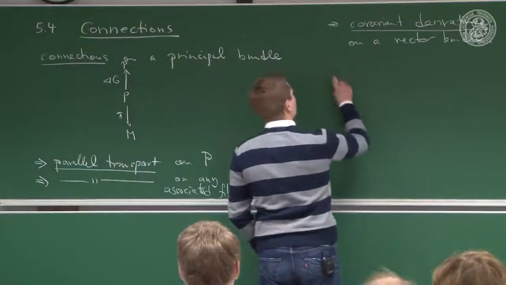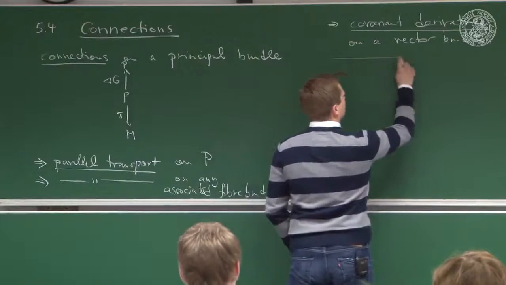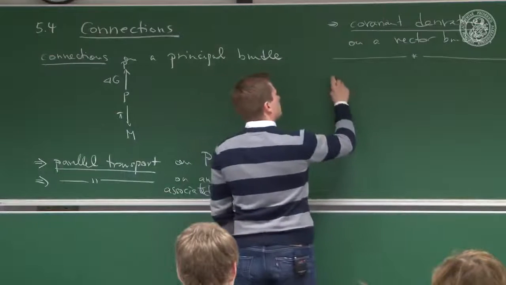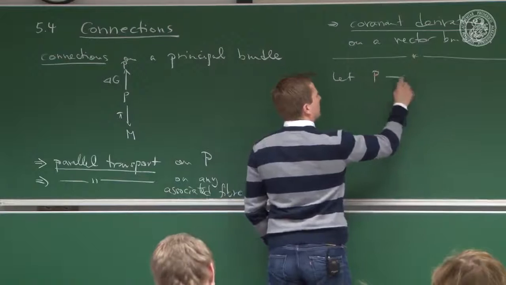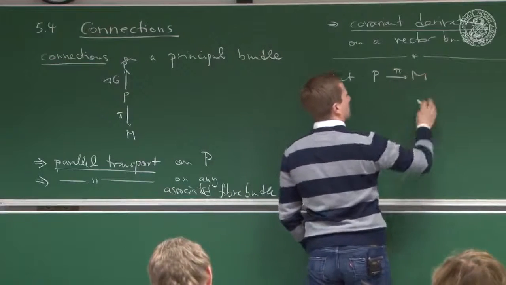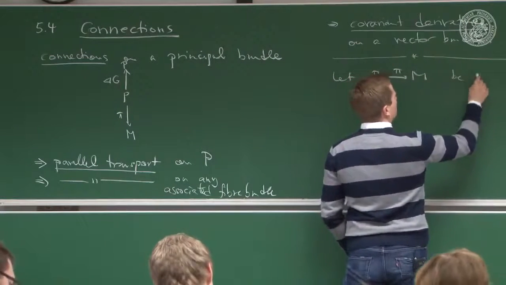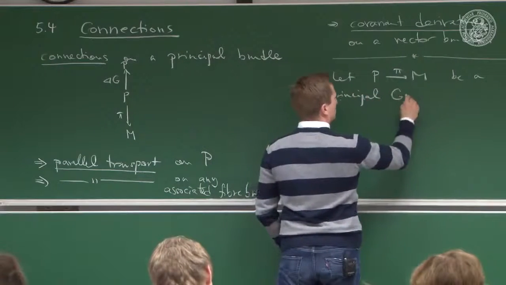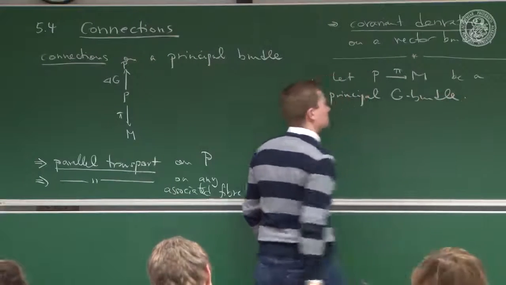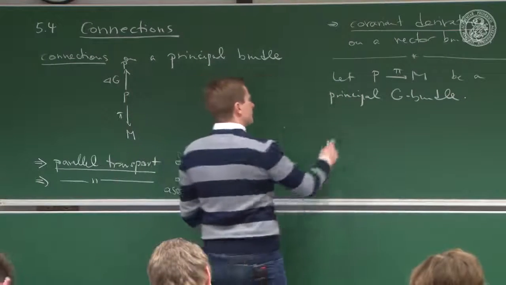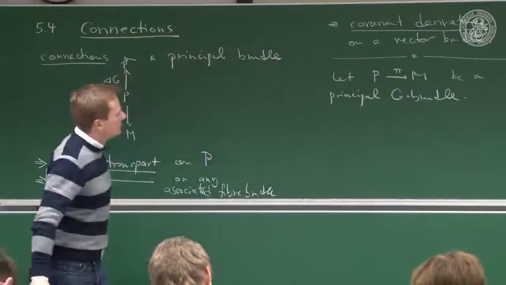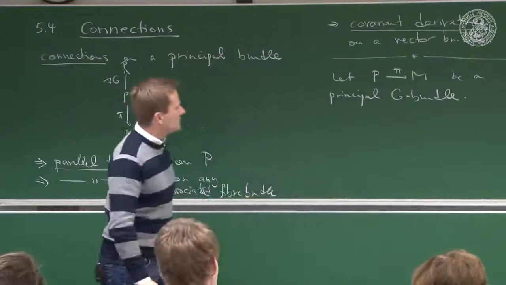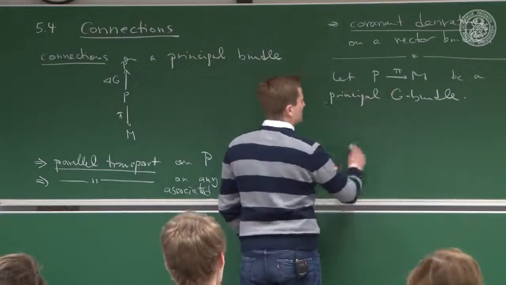But first we look at the following. This was just the introduction, and now let's look at a particular principal bundle P. Let this be a principal G bundle. Then this right action we have here induces a vector field on this principal bundle.